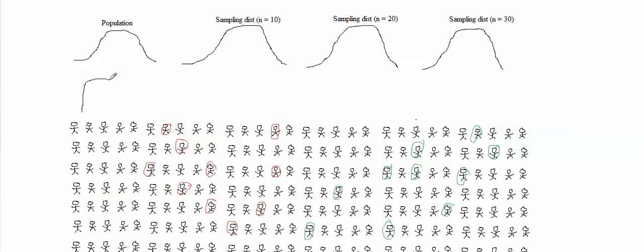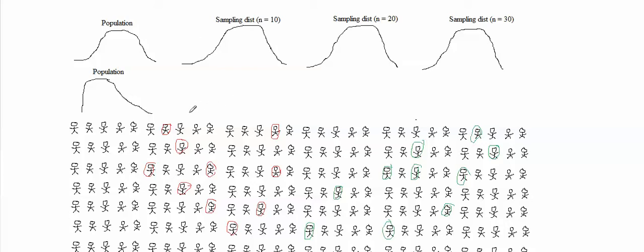Let's say that the population is skewed instead of normal. Let's actually say that it's skewed to the right, meaning there's a lot of shorter people in this population and fewer taller people in this population. Now let's think about what would happen if we wrote out all possible samples of 10 people, and we calculated the mean of each of those samples, and then we created a histogram for the possible samples of 10 people.